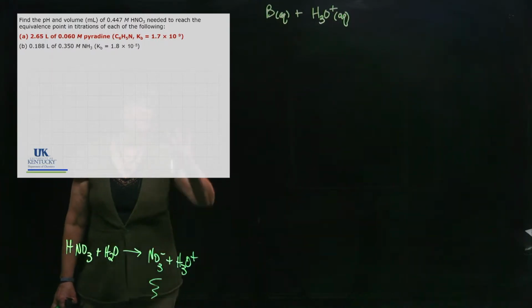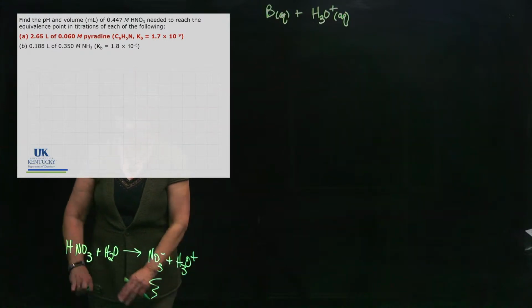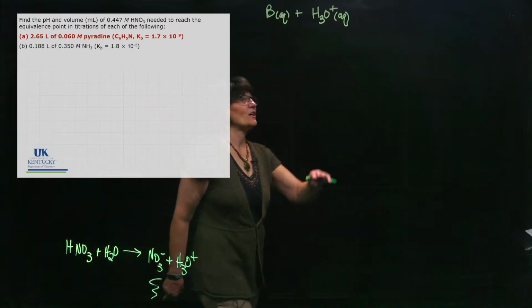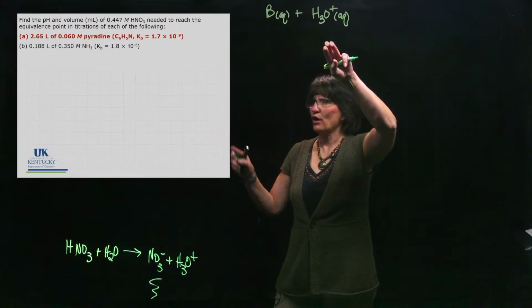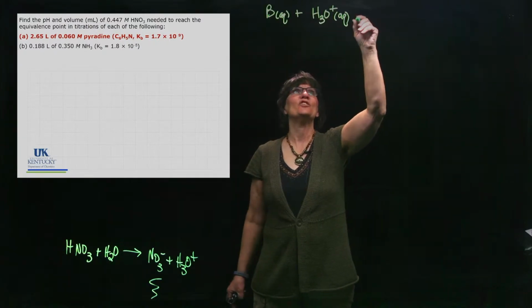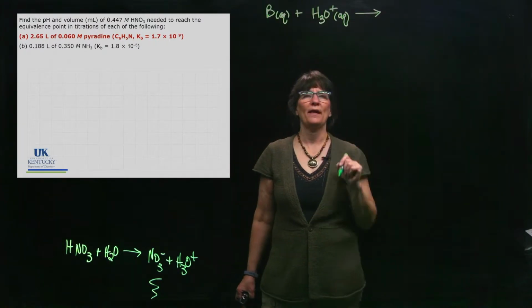It really doesn't involve itself in this reaction, but the HNO3 is supplying the H3O+. So I just get myself in the habit, whenever I run across a strong acid, to let H3O+ represent my strong acid. That way it's easier for me to show the proton swap that occurs.